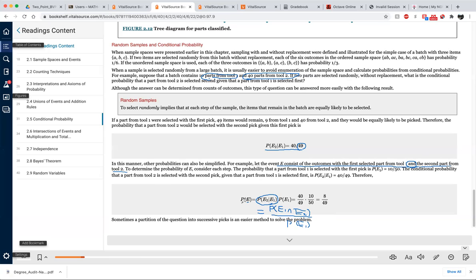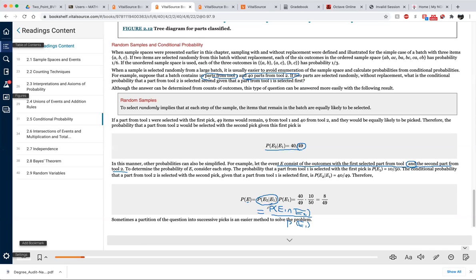So the probability that we select the parts from E1 and E2 is equal to this. That's what I told you: sometimes we can use the formula of conditional probability to find the probability of the intersection.